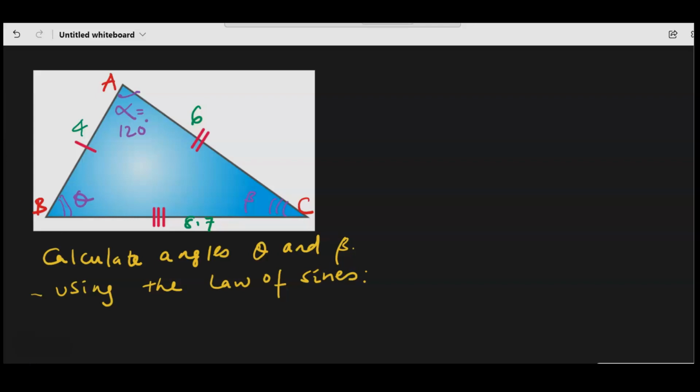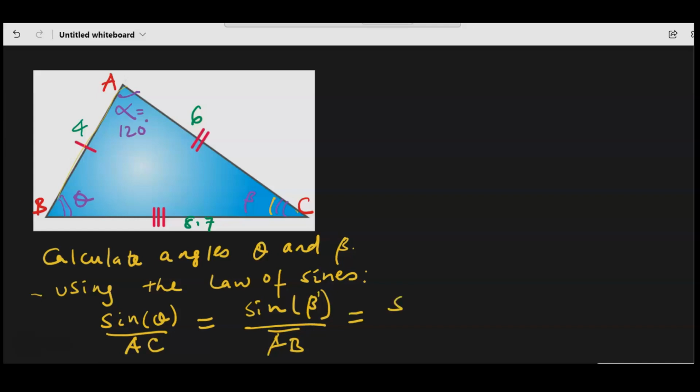The law of sines states that sine of angle theta divided by the opposite side, which is AC, must be equal to sine of angle beta divided by the opposite side, which is AB, and this must be equal to sine of angle 120 degree divided by the opposite side, which is BC.